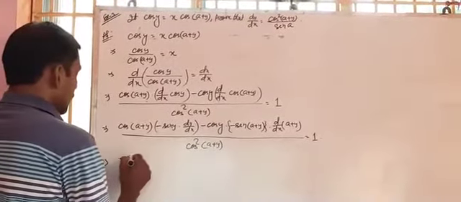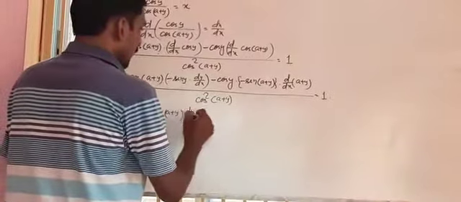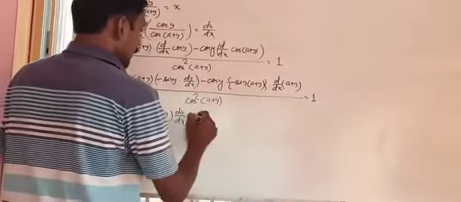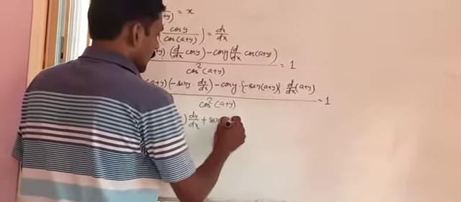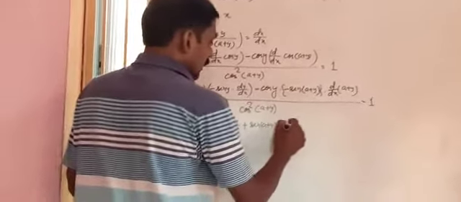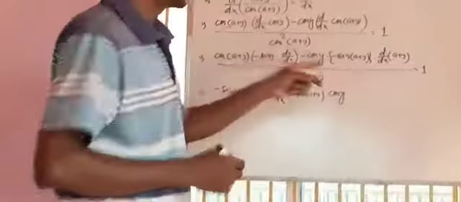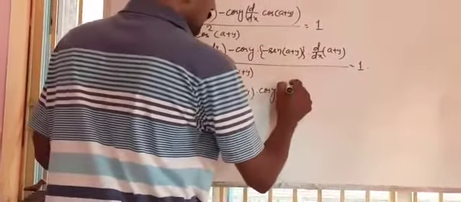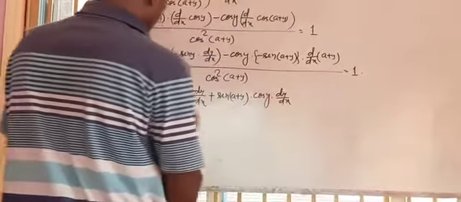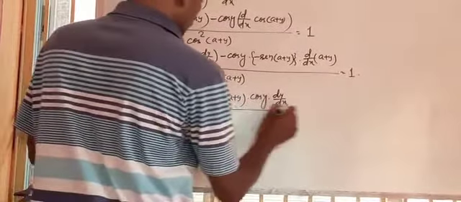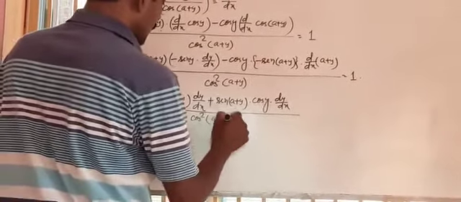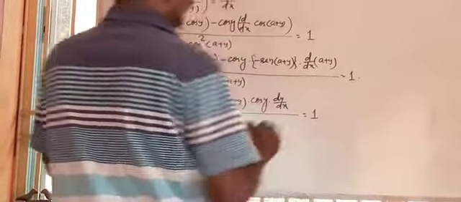So it is minus into dy by dx. Now here minus and minus will become plus. That is sin a plus y into cos y. Now here d by dx of a plus y: first a is constant, derivative is 0, and derivative of y with respect to x is dy by dx. Whole divided by cos square a plus y equal to 1.